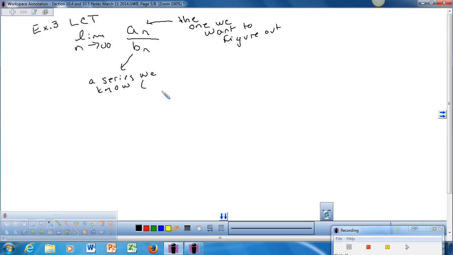And the most useful ones are 1 over n and 1 over n squared, two we figured out at the beginning of this lesson. Okay? All right. So we will take a series that we're trying to figure out, put it over a series that we know. If the limit equals a constant that does not equal 0 or infinity, then both series do the same thing.